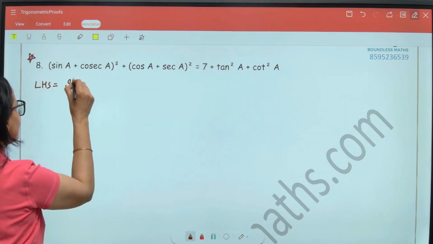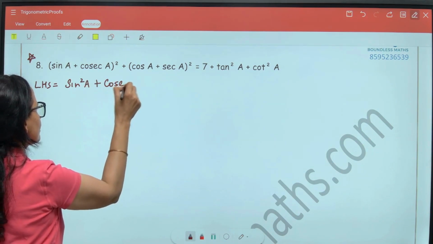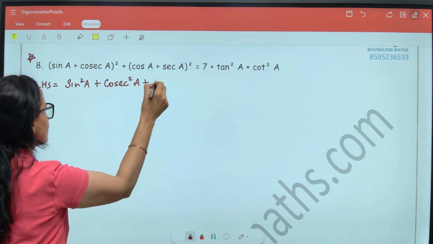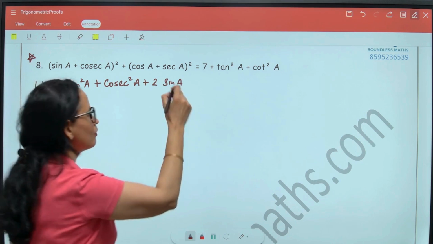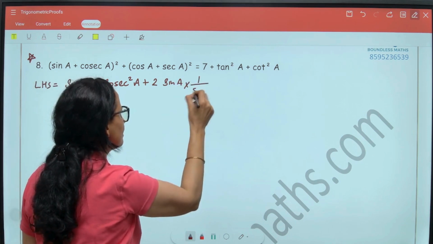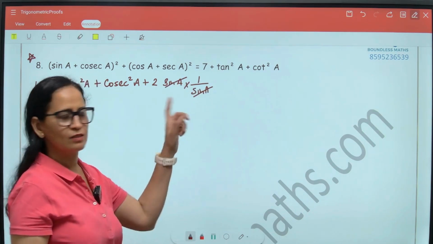This becomes sin²A plus cosec²A plus 2 sin A. Cosec can be written as 1 by sin. So, I'll write it as 1 by sin so that you can see how they get cancelled. Sin and sin gets cancelled here, right?